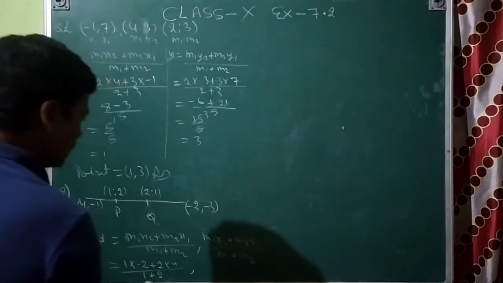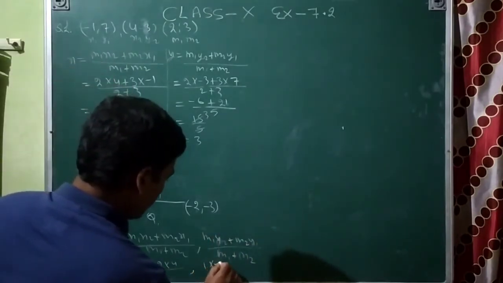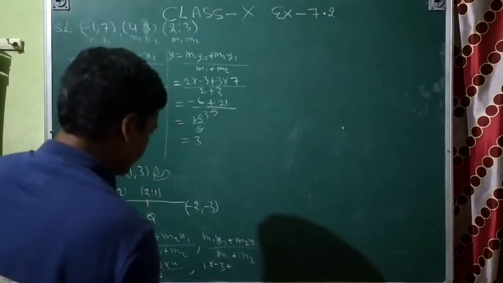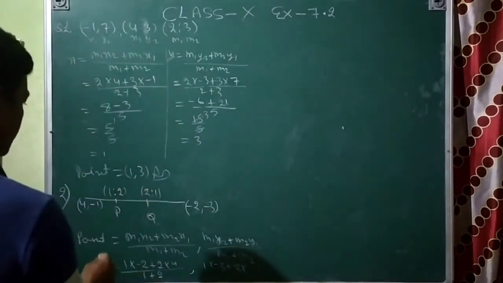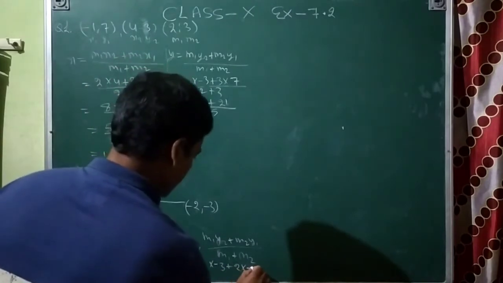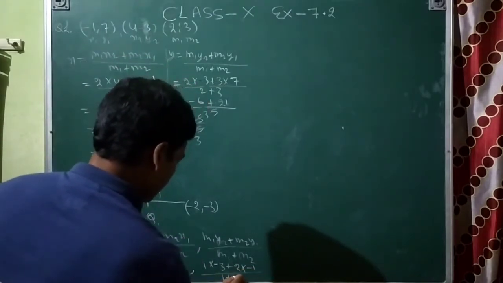Similarly, here also, 1 multiply -3 plus 2 multiply -1 upon 1 plus 2.